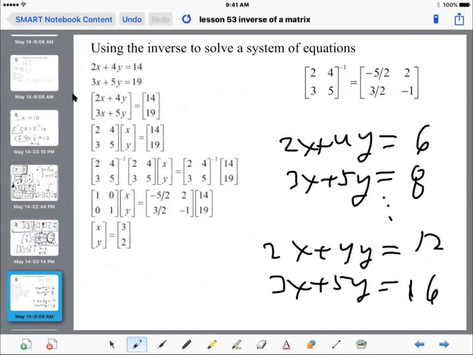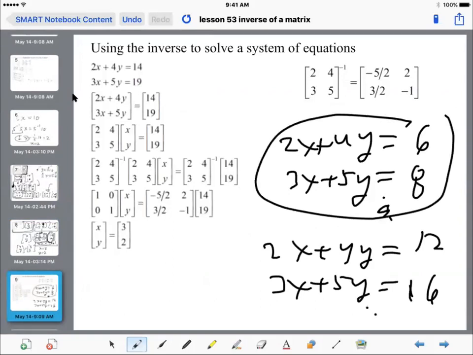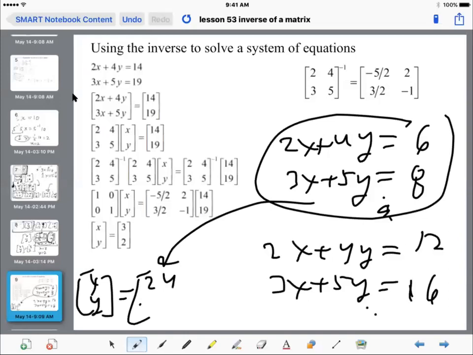And I had all these equations to do. Well, each one can be accomplished by doing x y is the inverse of the coefficient matrix times the matrix made up of the 2 things after the equal sign.